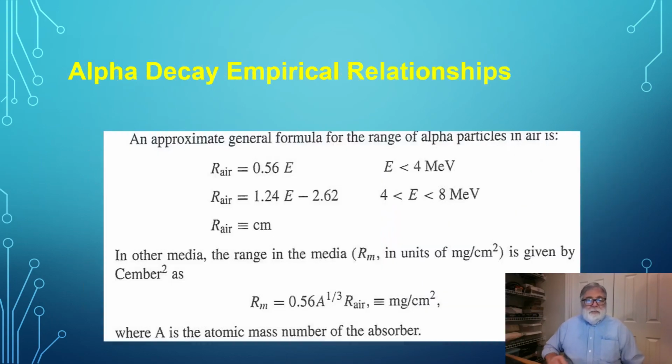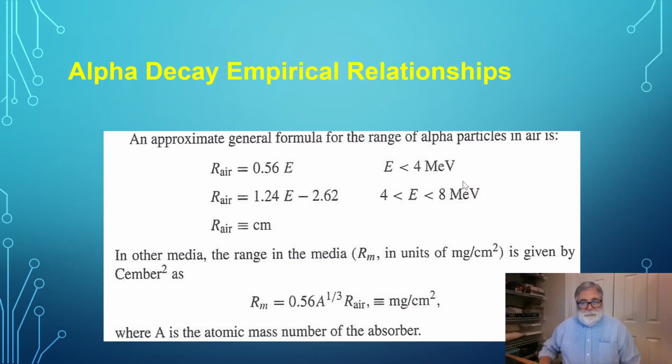In the past, we weren't so lucky. We had to rely on empirical formulas that were approximate, very close and good enough for the kind of calculations we need to do. So these are some of the formulas that have been used. If you don't have access to the details on the internet, these formulas are quite valuable.